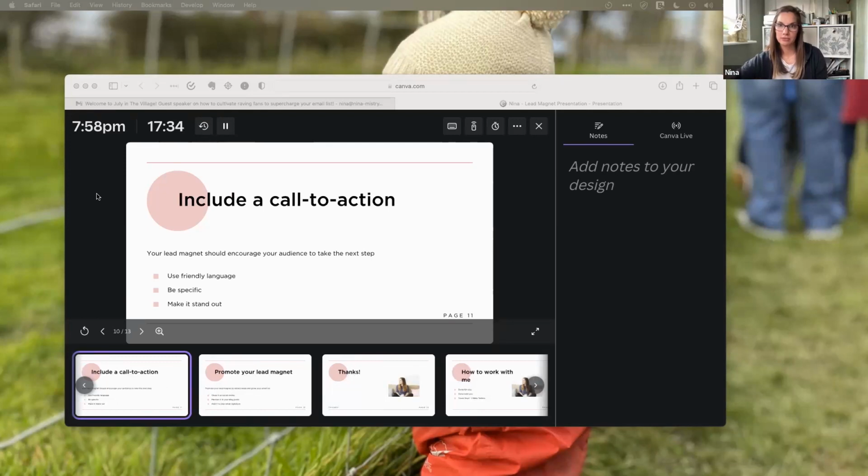And then include a call to action at the end. That's really important. You need to be telling your audience what the next step is. So if it is to grow your audience, and that's your main aim of this lead magnet, it would be click here to join my weekly newsletter, or if you've got the name for the weekly newsletter, click here to join my top tip Tuesday, something like that.